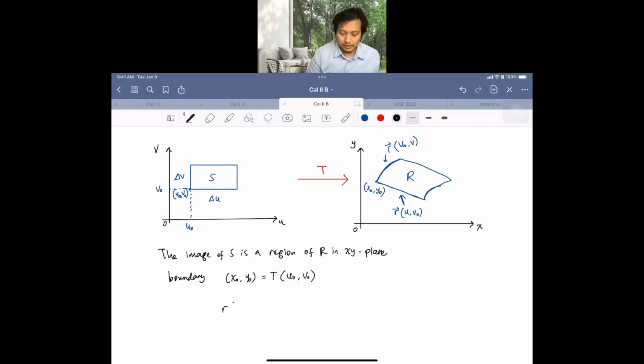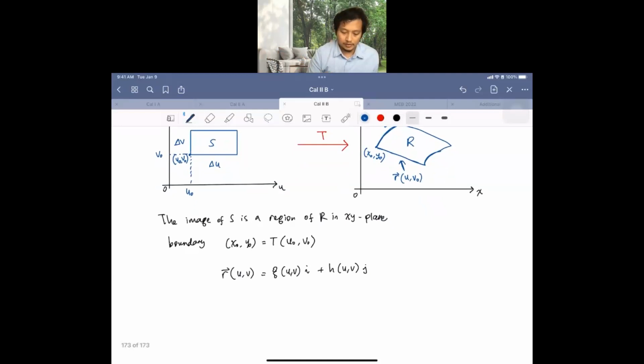And we could have the vector position for UV. So each side will have a function of two variables UV. So this vector is the vector position of the image of point UV.